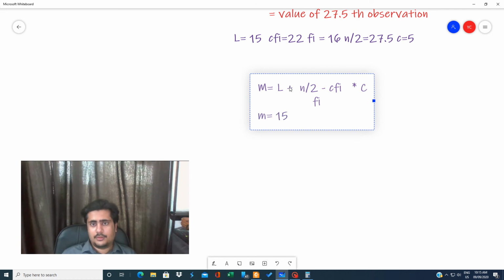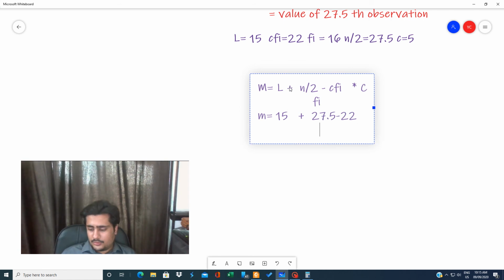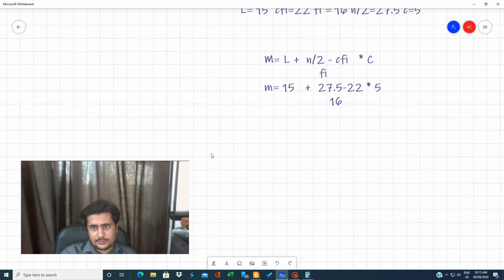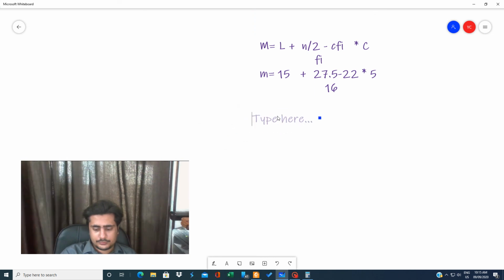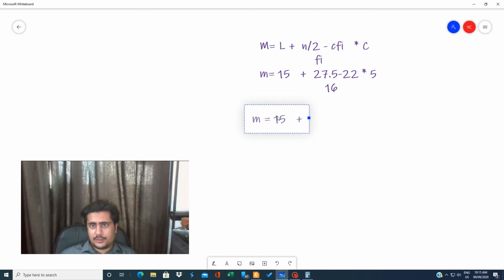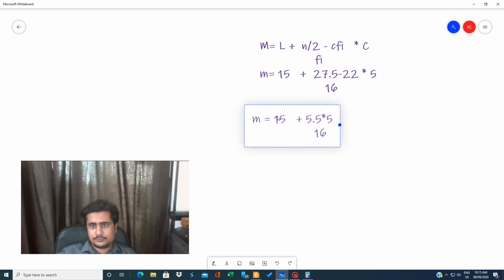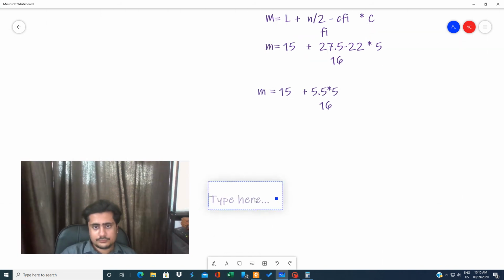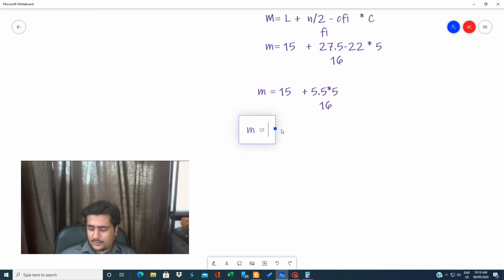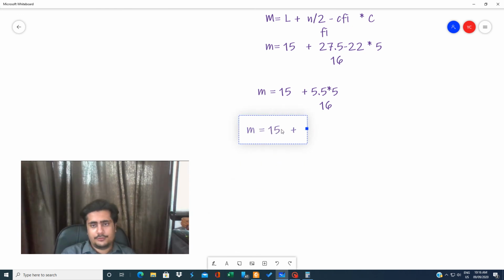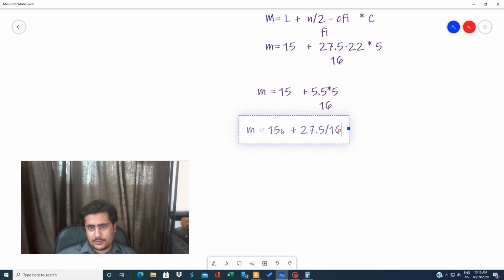L is 15, plus n by 2 is 27.5 minus CF 22, upon 16, into class length 5. Median is equal to 15 plus 5.5 into 5, which is 27.5 upon 16.